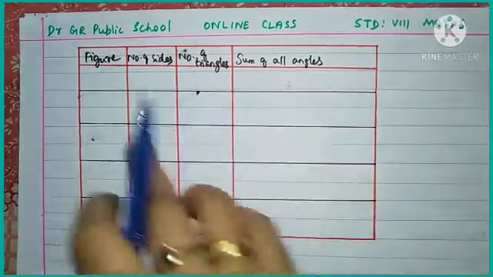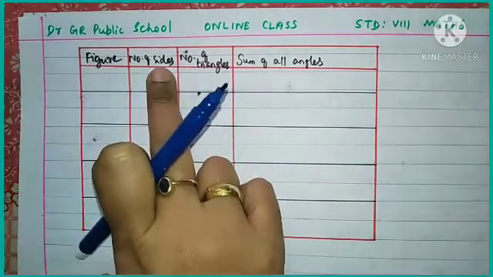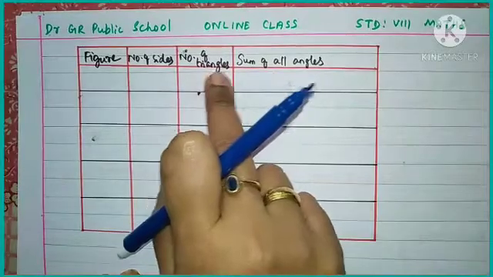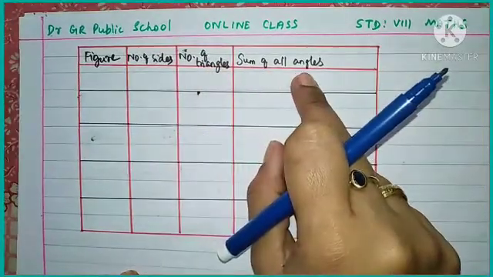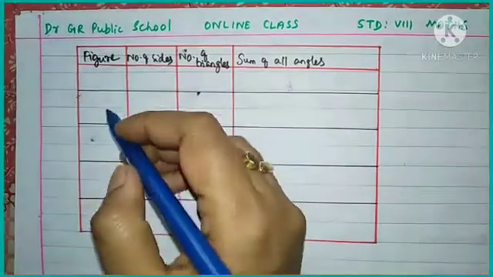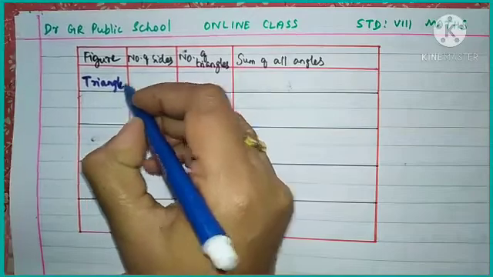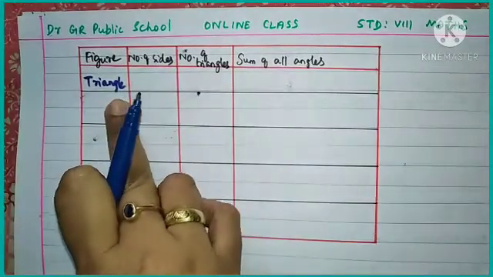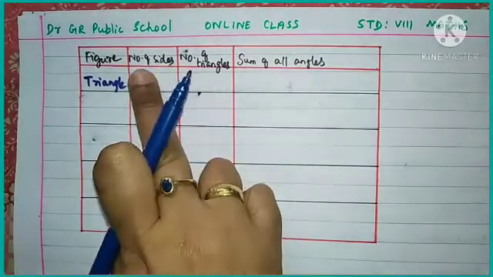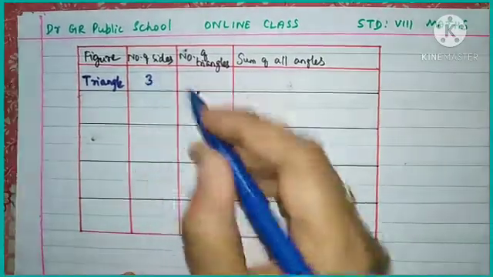So here I have drawn a tabular column: figure, number of sides, number of triangles, and sum of all angles. First we saw which figure? We saw the triangle. How many sides are there in a triangle? Yes, there are 3 sides.